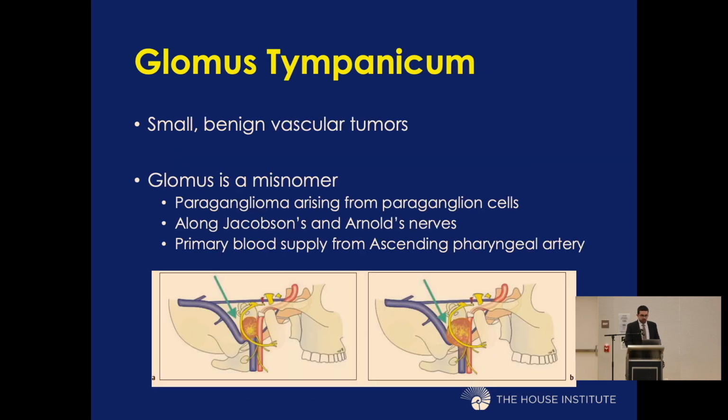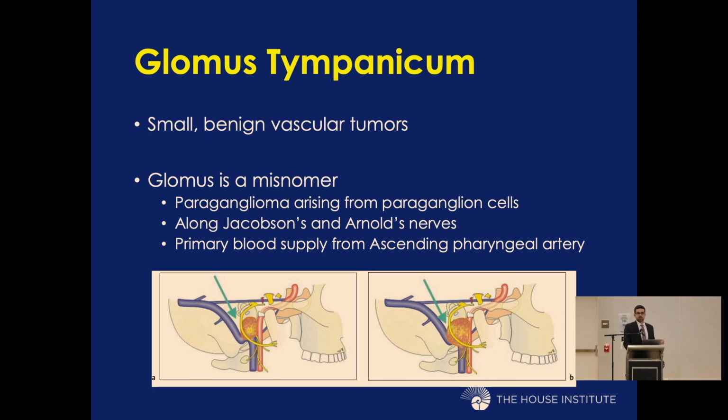All right, another condition to be aware of is a benign tumor called glomus tympanicum. This is a small benign vascular tumor, and it can actually be much larger. Then it would be called glomus jugulare, which would involve the jugular bulb at the inferior aspect of the middle ear where the hypotympanum is. And glomus is also another misnomer.